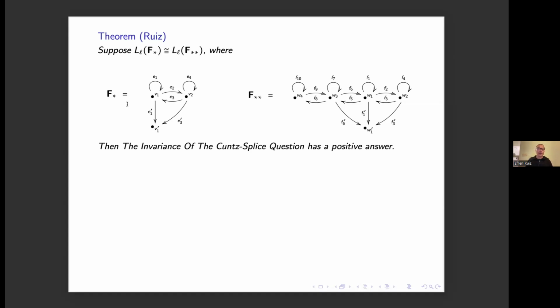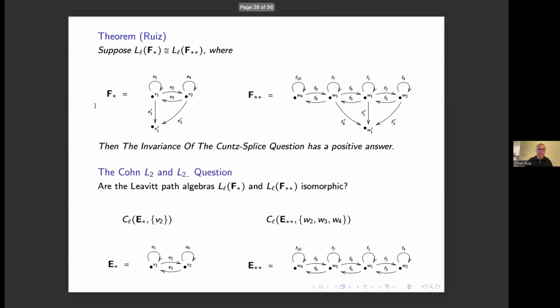So the result is, if you assume the Leavitt path algebras of these two graphs are isomorphic, then you do get a positive answer to the invariance of the Cuntz-Splice question. And then, as I outlined prior, the algebraic Kirchberg-Phillips question has a positive answer as well.